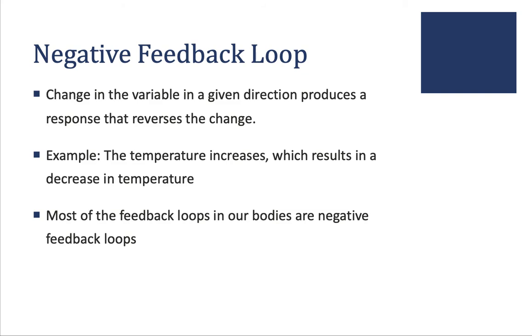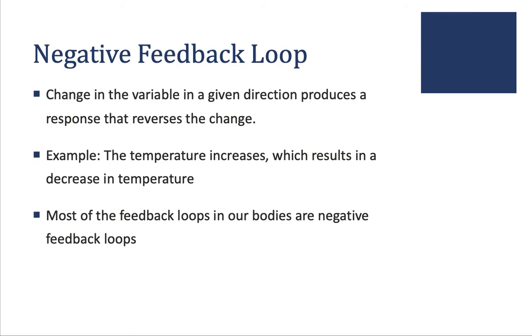So these are the examples that we've talked about before, in that temperature increases, your body responds to that by decreasing temperature so that the temperature goes down, right? So it goes in the opposite direction. Same thing, if your blood sugar is too high, we're going to try to lower the blood sugar. If oxygen levels are too high, we're going to lower oxygen levels, which sounds kind of weird, but it would just be something like not breathing as much so that you're not bringing in as much oxygen.